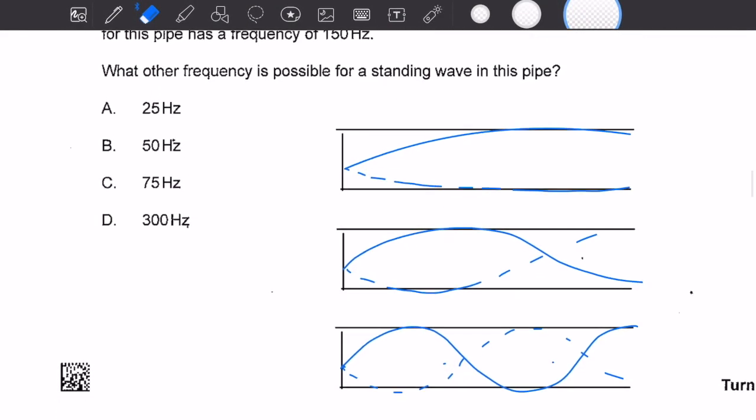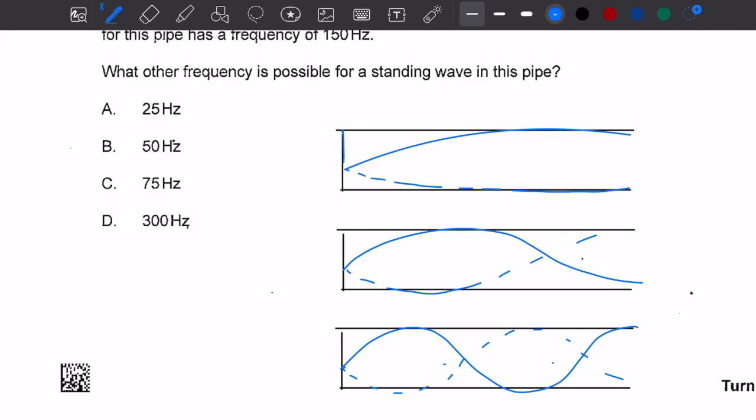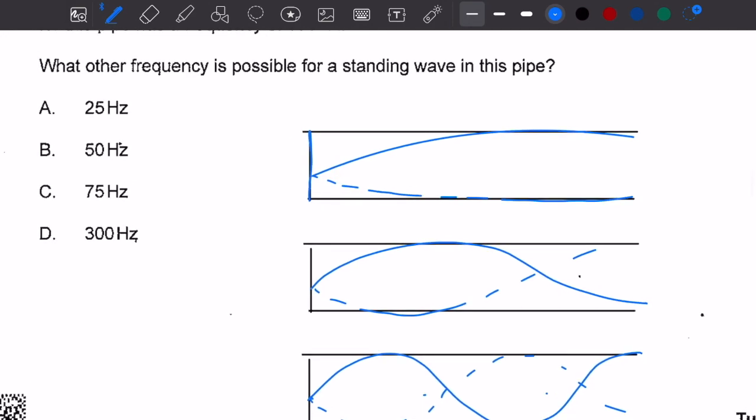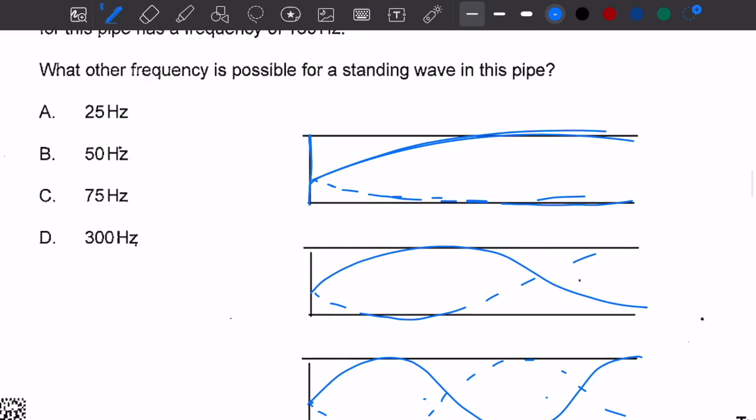Question number 11 is about a one side open tube and the stationary wave produced in this tube. Let's look at these situations. These are called overtones. This is the first overtone, or we call it first harmonic. This we call third harmonic, and this is fifth harmonic.